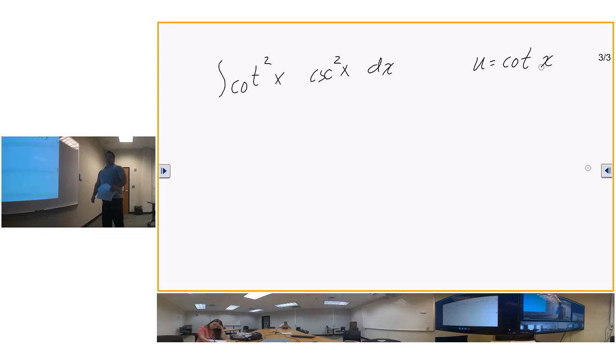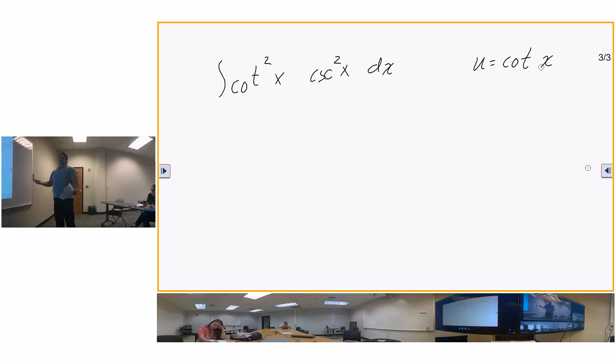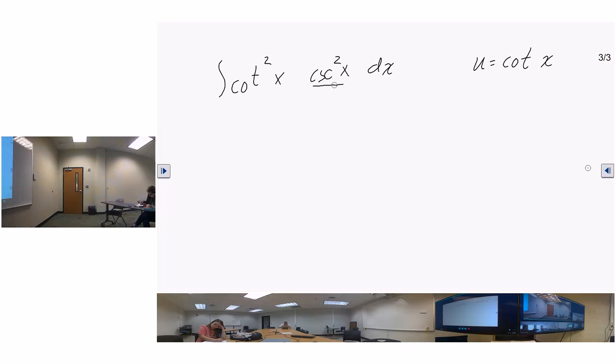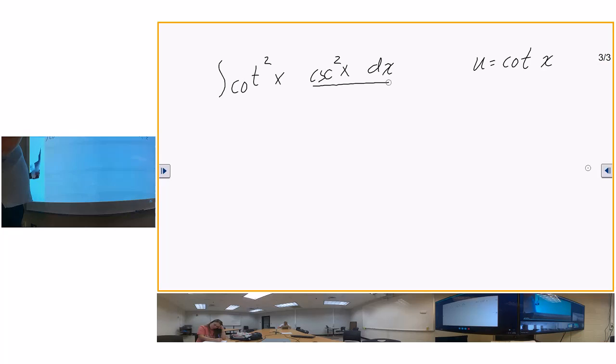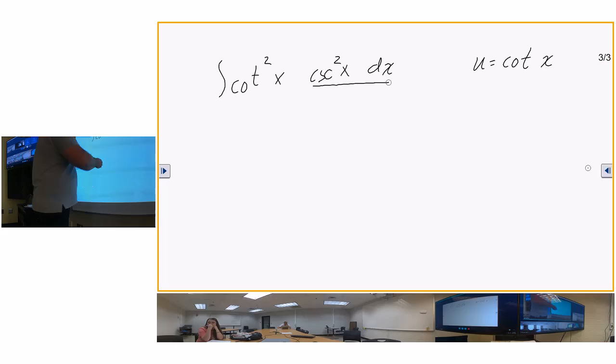Cosecant squared x. And if you don't know that, then you're not going to know what to make u equal. Because what do we have? We have the cosecant squared x dx. So you have to know, okay, well, if I make u equal to the cotangent of x, then that's part of this one, because this is cotangent x squared.